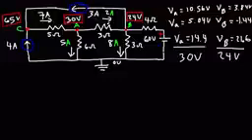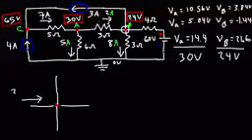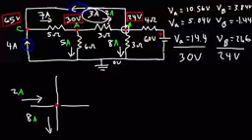Now let's focus on point B. So at point B, we have 4 lines, so to speak. So we have 2 amps of current flowing towards point B. We have 8 amps of current flowing away from point B. And there's a current source of 3 amps, so the current here has to be 3.